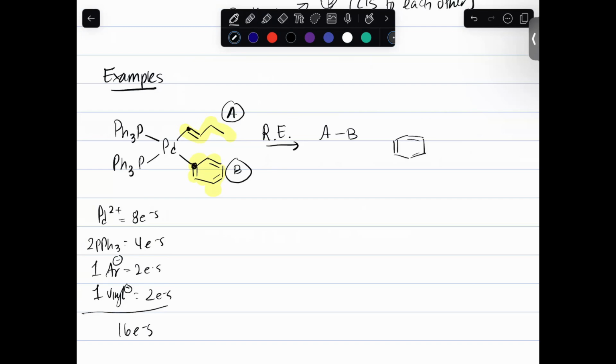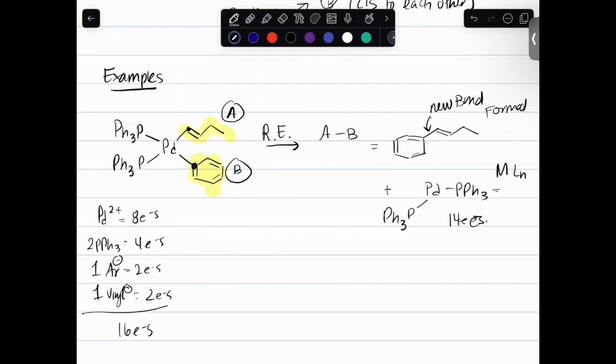A and B are bonded together. This is the new bond formed. That's A and B, plus, of course, our palladium, right? Our metal ligand. And this is 14 electrons. And that's it.